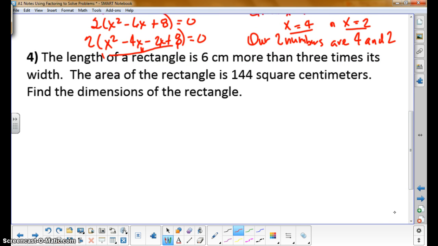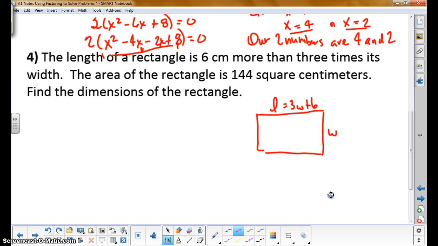Okay, that's awesome. The length of a rectangle is 6 more than 3 times its width. Yikes. Let's draw a picture. So here's the width, here's the length, and in our problem it says the length of a rectangle is 6 more than 3 times the width.